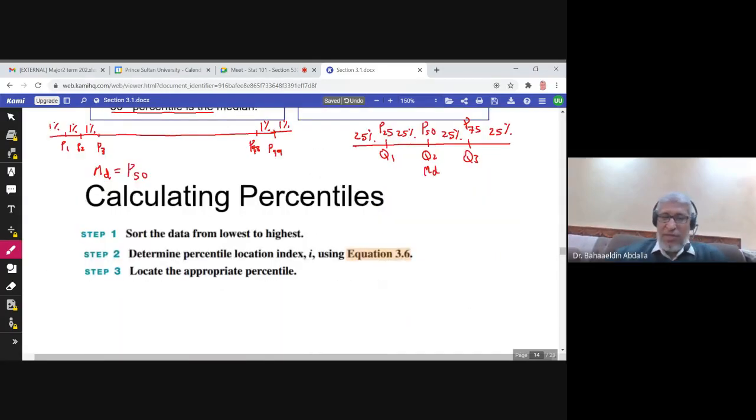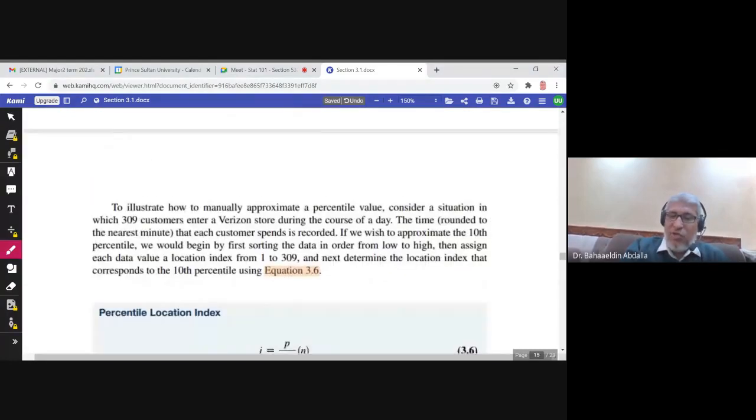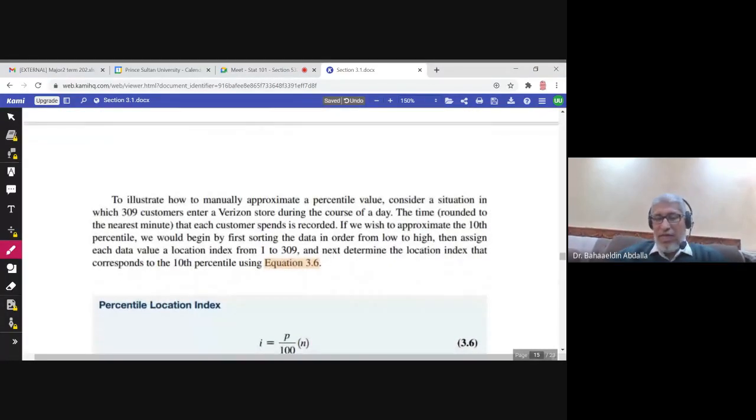How to calculate percentiles? We simply sort the data first and determine the location index, and then we go to the appropriate place to determine the percentile. So let us figure out what the location index, i, is. This is similar to the steps used to locate the median.